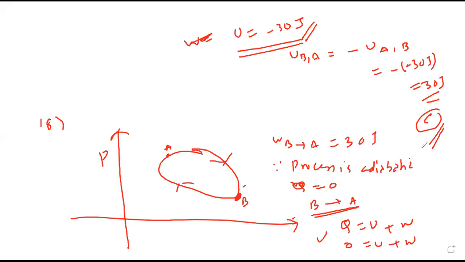In this, when it goes B to A, work is done on the gas, so it will not be minus 30. Which case are you telling? B to A adiabatic. They have said work is done on the gas.